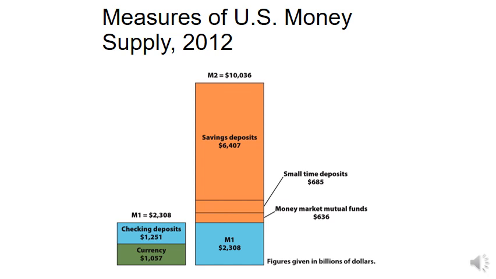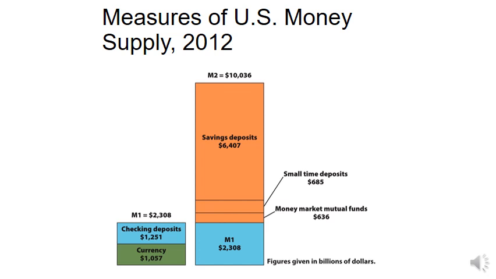So here we have two measures of the money supply, M1 and M2, shown graphically, because they're the most common measures. Just to refresh your memory, M1 is currency, cash, and checkable deposits. And M2 is everything that's in M1 and some other stuff.